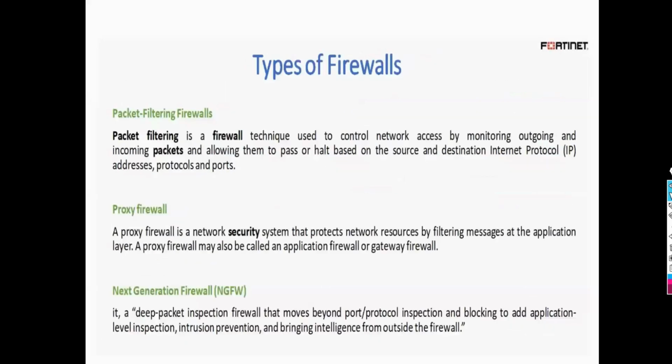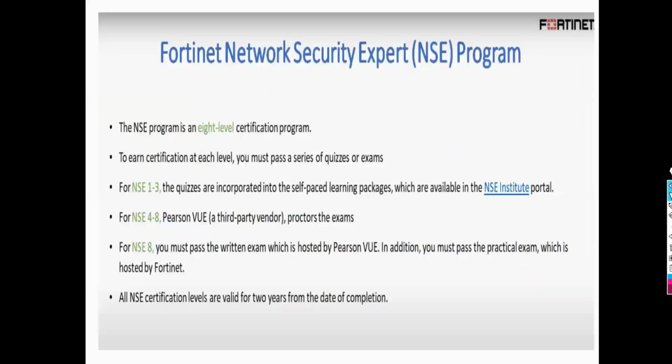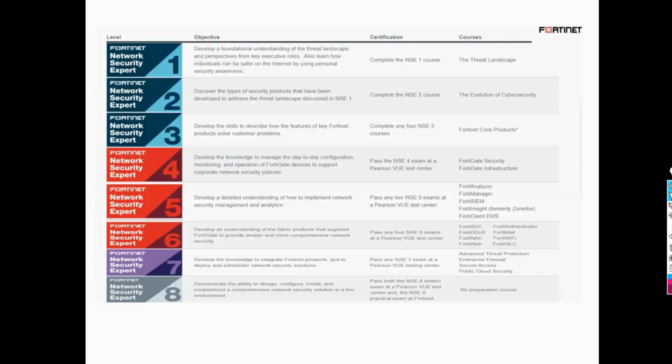Now in Fortinet, we have multiple certifications. This is called the NSE certification, NSE 1 to NSE 8, but now the certification code has changed. It's not called NSE 4 only, but NSE 4, 5, 7. Now it's a separate kind of certification.